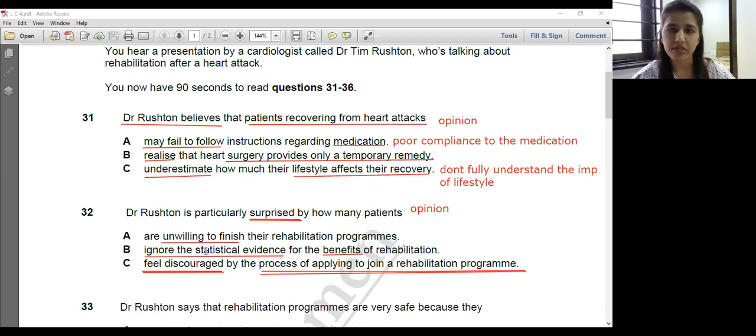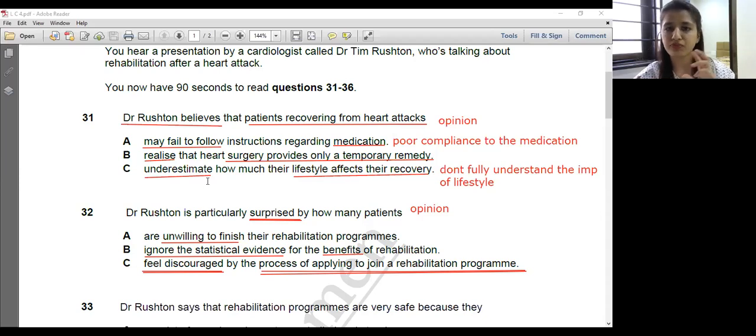What you have to do is find out which answer choice best summarizes his attitude. Just because you might have heard something about medication, you should not end up choosing A as the answer. Similarly, just because you heard something about exercise, you would not end up choosing lifestyle as the answer. Do not just pick up random keywords. The whole sentence should make sense.